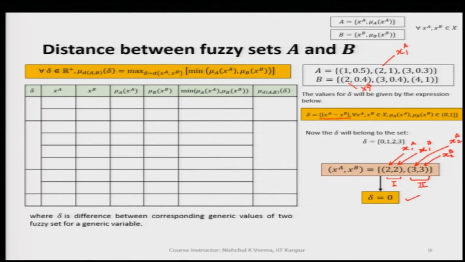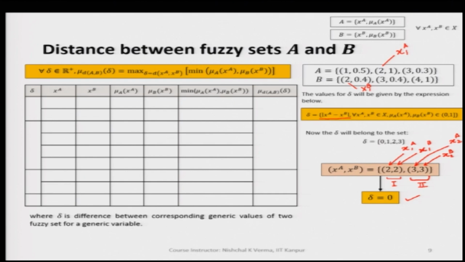If we do not find any such pair, we can simply move ahead to find the incrementally next least value of delta.